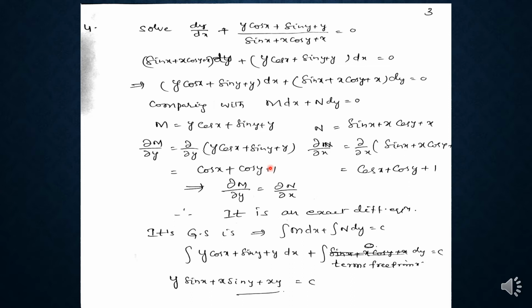So by integrating the function M, you will get 5x⁵/5 plus 3x³y²/3 minus 2x²y³/2 plus 5y⁵/5 is equal to c. So finally we will get the solution as x⁵ plus x³y² minus x²y³ plus y⁵ is equal to c, the solution for the third equation.